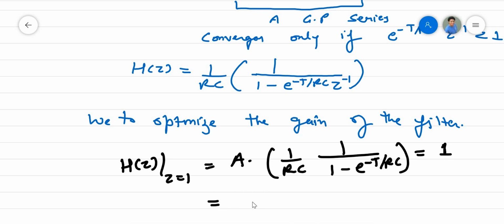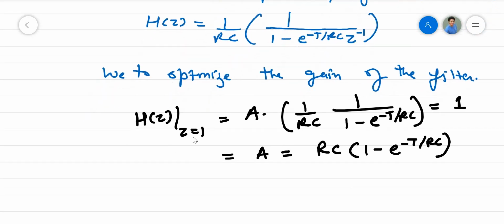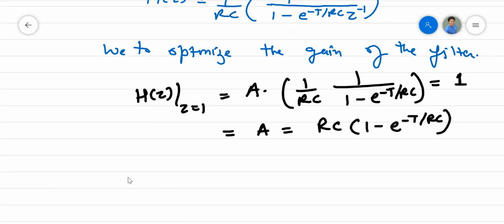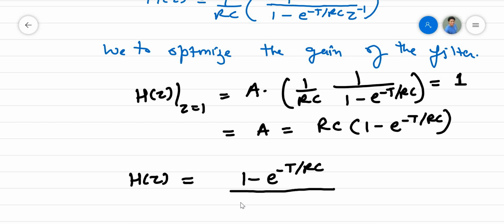We want to find the value of A. So A is equal to RC times 1 minus e to the power minus T by RC. Then our optimized H(z) will be equal to, RC will be cancelled out, 1 minus e to the power minus T by RC over 1 minus e to the power minus T by RC z inverse.